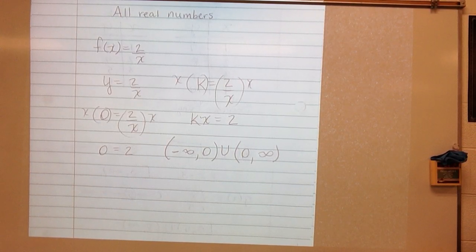Those 2 parts of that graph will never touch. Alright? And this is not removable. In other words, I can't fix it no matter what I do. I can't make them ever touch.